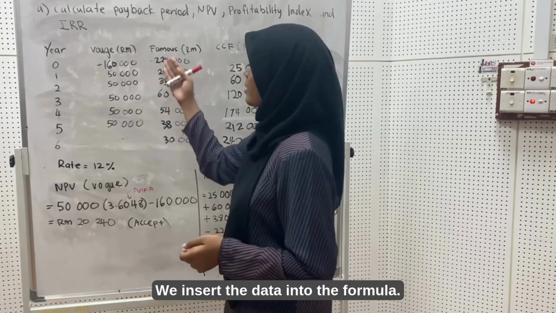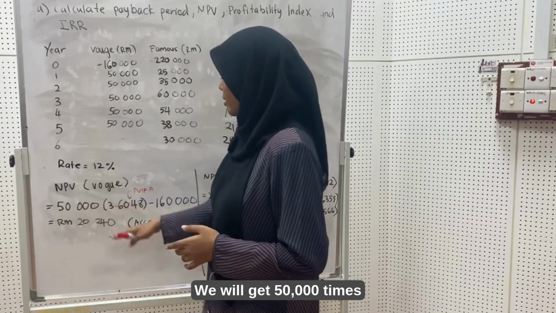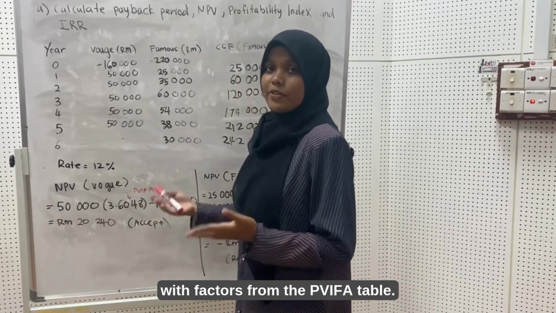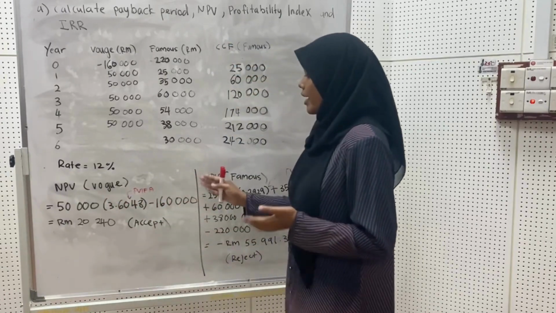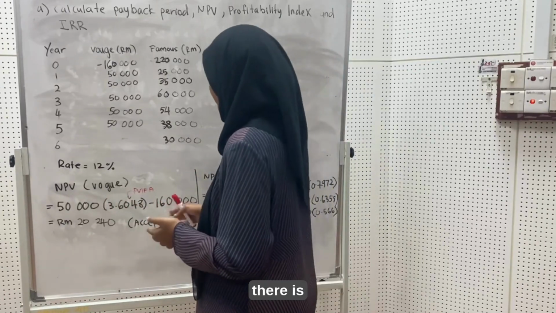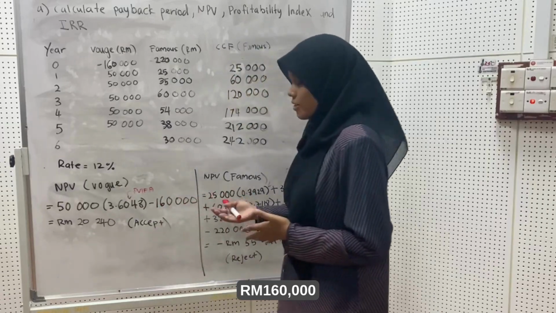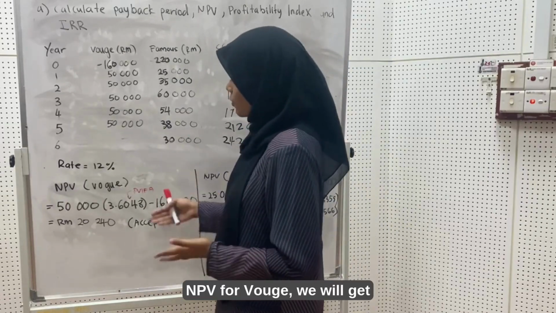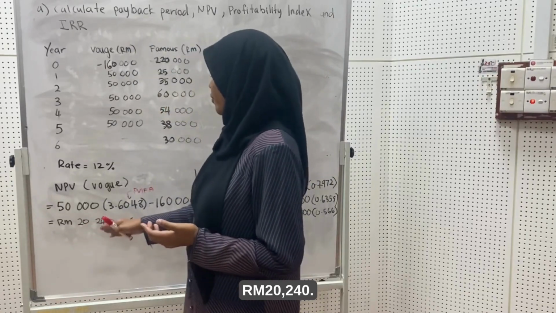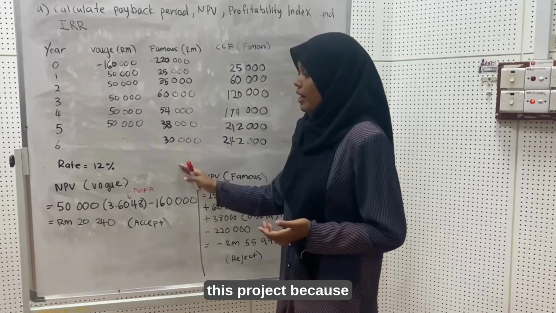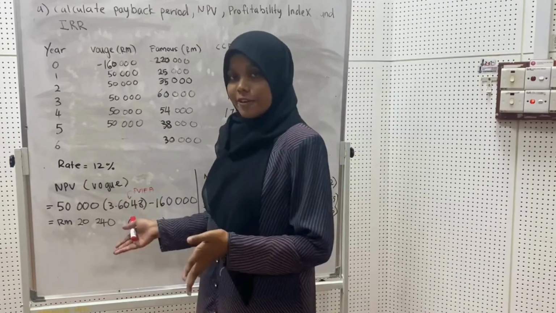So we insert the data into the formula. We will get 50,000 times the factor from the PVIFA table, 3.6048, minus the initial outlay, that is 160,000, and the NPV for the book we will get RM20,240. So we will accept this project because its NPV is positive.